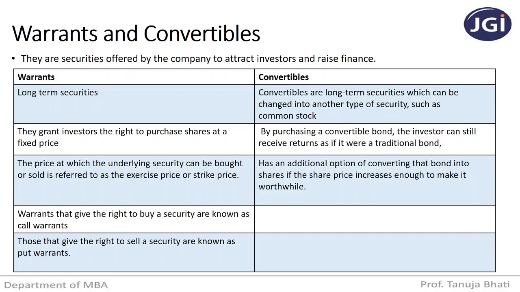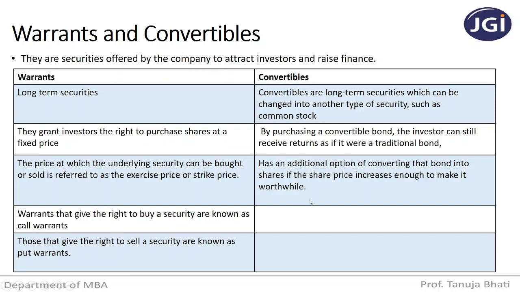For example, there can be convertible bonds, that is bonds similar to debentures, that can be converted into shares, or convertible preferred stock. By purchasing a convertible bond, the investor can still receive returns, with an additional option of converting that bond into shares if the share price increases enough to make it worthwhile.